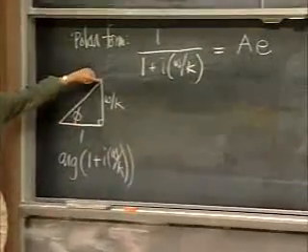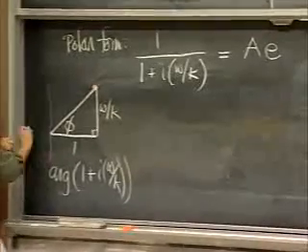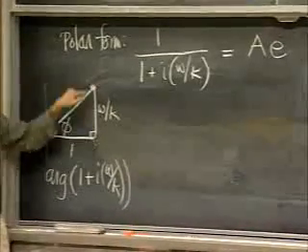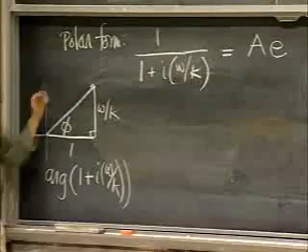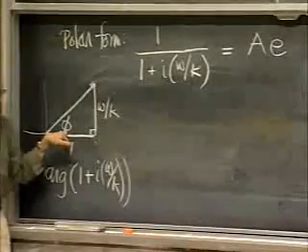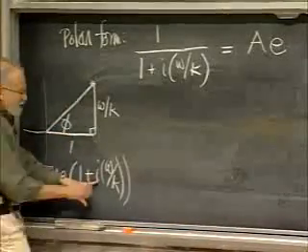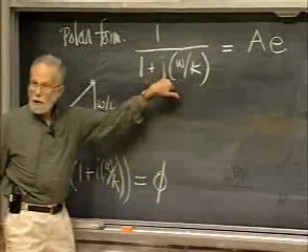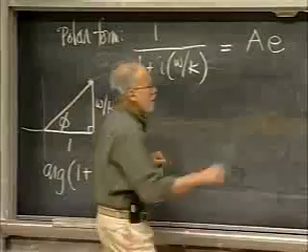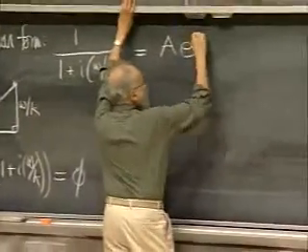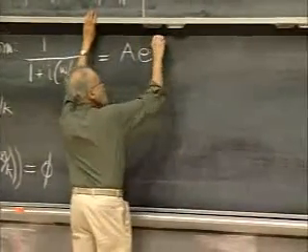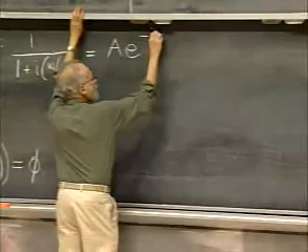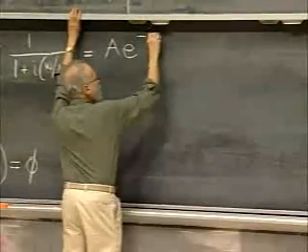Well, there's the complex number 1 plus i omega over k. Its angle is phi. So the argument of this is phi, and therefore the argument of its reciprocal is negative phi. So it's e to the minus i phi.